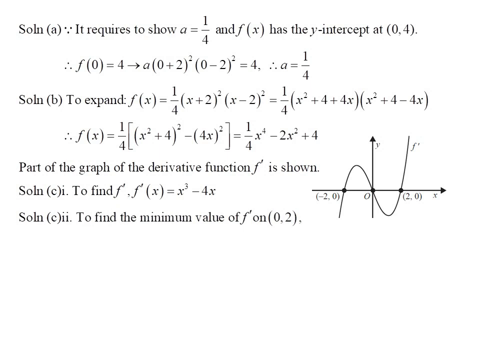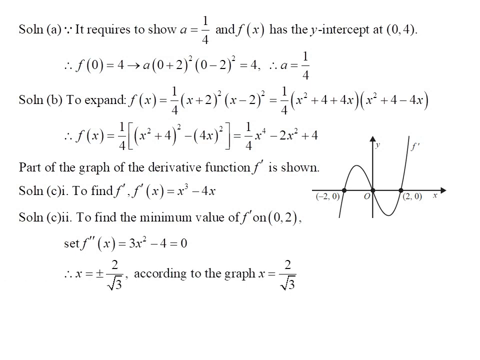Since subpart 2 is to find the minimum value of f prime of x on the open interval from 0 to 2, we here differentiate f prime of x again to find its second derivative, f double prime of x, and then equate to 0, which gives x equals plus or minus 2 over square root of 3.